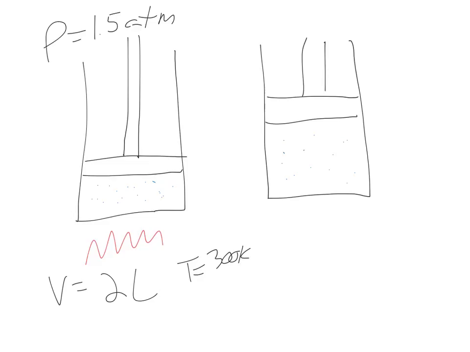Now let's say that after I heat it, we'll say the new temperature is 400 Kelvin, so a lot of heat. And we'll say that the new volume is 4 liters. And I want to know what is the new pressure.